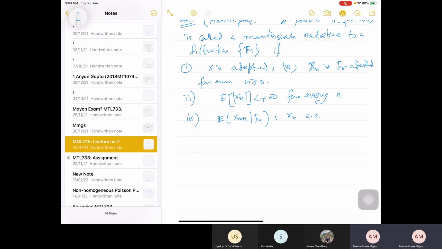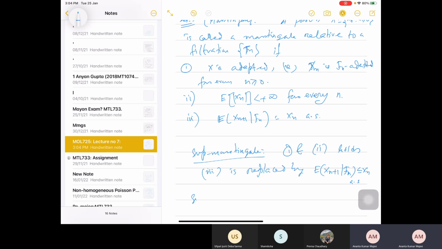So for the supermartingale, exactly the same conditions 1 and 2 hold, and condition 3 is replaced by this form: the conditional expectation of X_{n+1} given F_n is less than or equal to X_n almost surely.